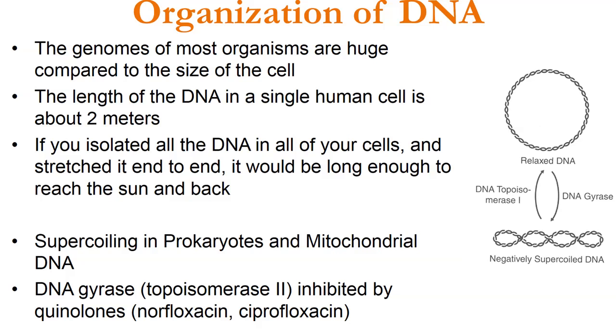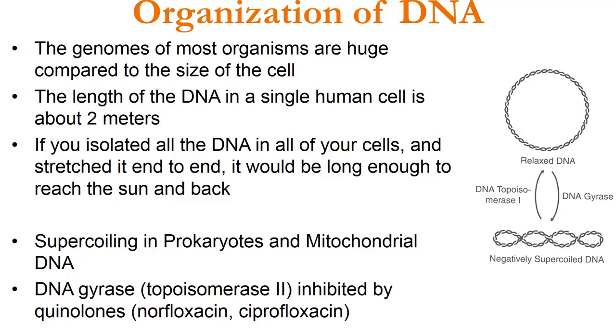Okay, so now we're going to look at how the DNA is actually organized. One thing to keep in mind is that the genomes of most organisms are huge compared to the size of the cell. For example, in a human cell, if you stretch the DNA out, it's about 2 meters long. And a typical human cell varies depending on the cell type, but let's say 10, 20 micrometers.